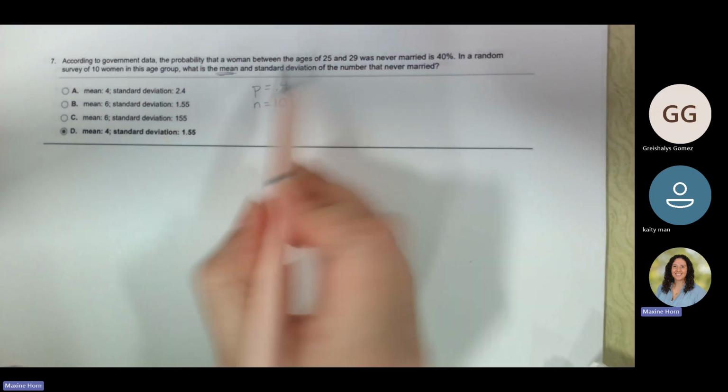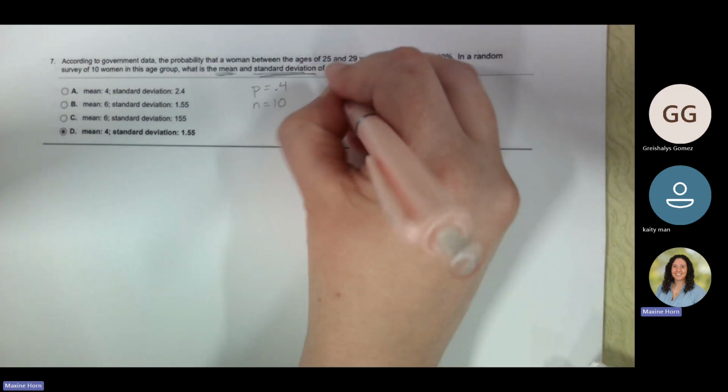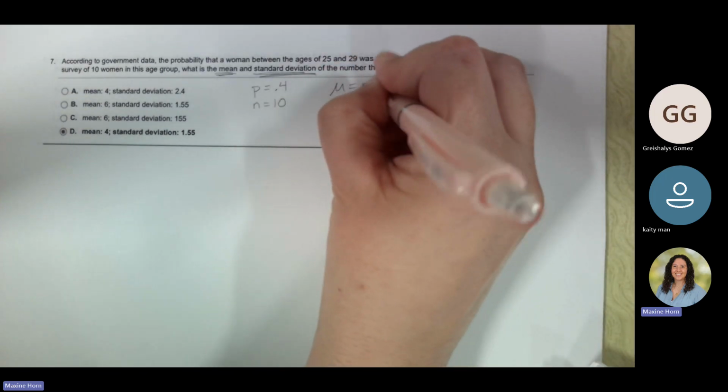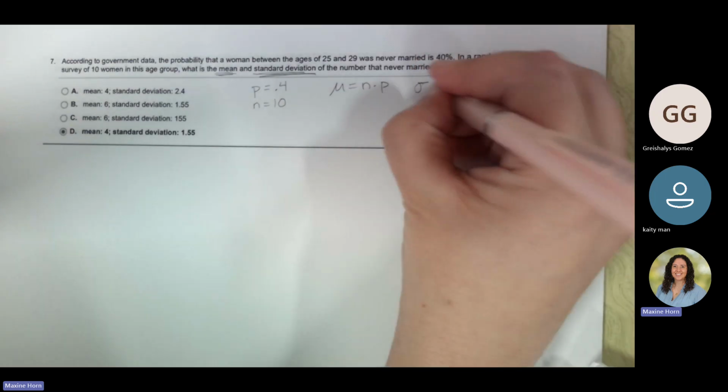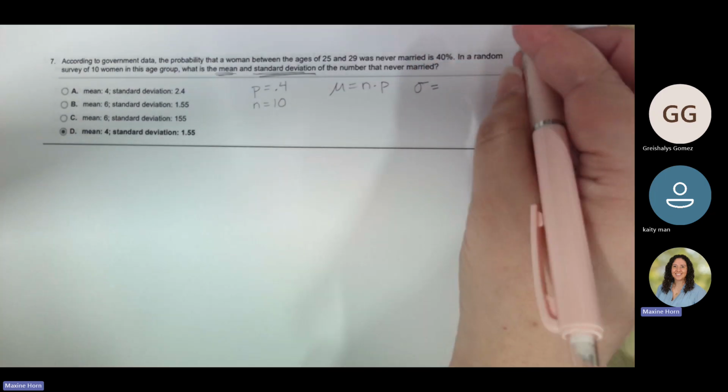Okay, so again, they're asking us for mean and standard deviation, and we say, oh, that's right, I know those formulas. Mean is N times P, right? Standard deviation, so again, this is one that you're going to have memorized.